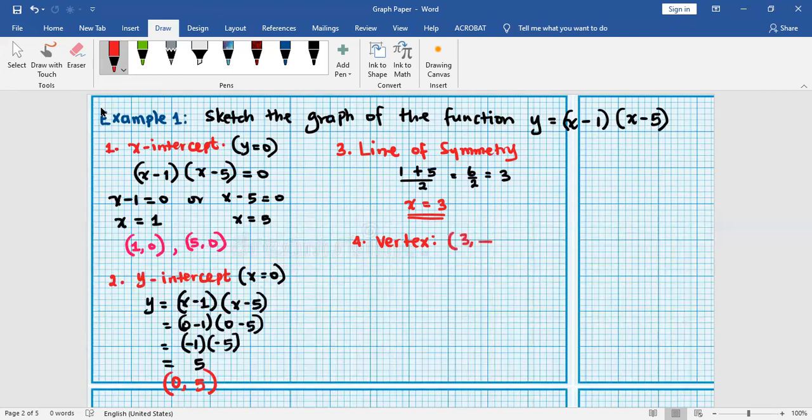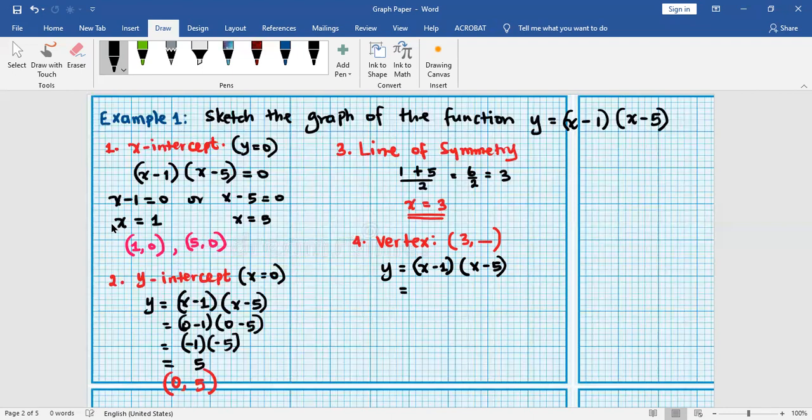Now we need to know what y will be. Again, we get our equation. y is equal to x minus 1 into x minus 5. What will be y when x is 3? Where we have x, we write 3.